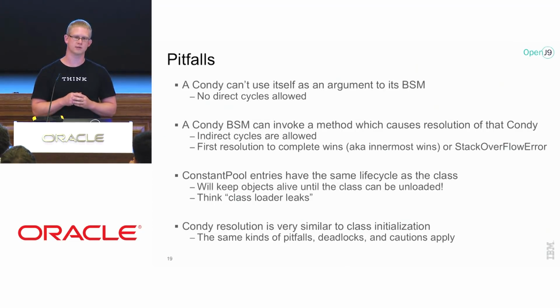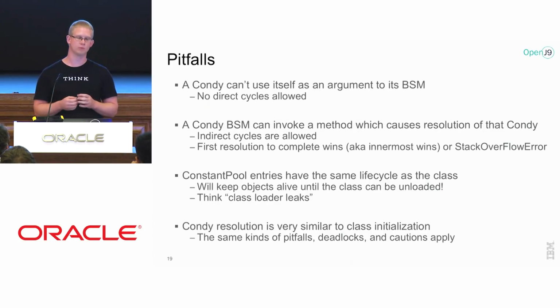So if you have a constant dynamic and during its bootstrap method, you happen to invoke something else that will trigger the re-resolution of that Condi, that's okay. In typical cases, you're going to still Stack Overflow unless you've done something using external state to avoid that. So in most cases, if you have cycles, expect a Stack Overflow.